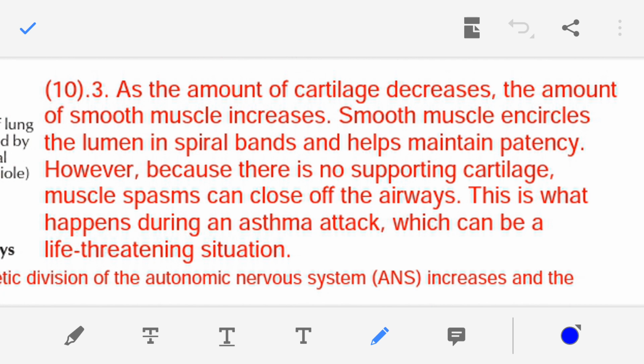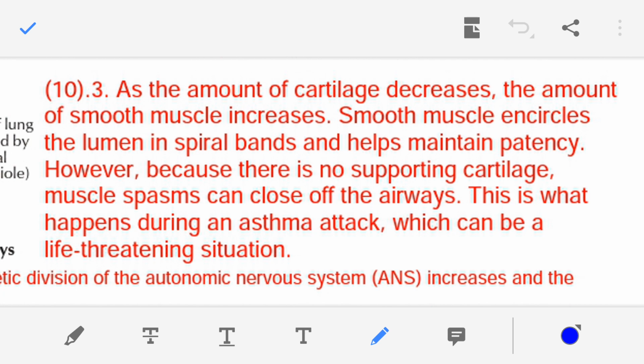Now because there is no supporting cartilage, muscle spasm can close off the airway. Muscle spasm means the sudden contraction of the smooth muscle in the wall of the respiratory bronchiole. If the muscles are contracted and closing this air path, the oxygen will not be able to enter into the alveoli, or the CO2 cannot enter the respiratory bronchiole.